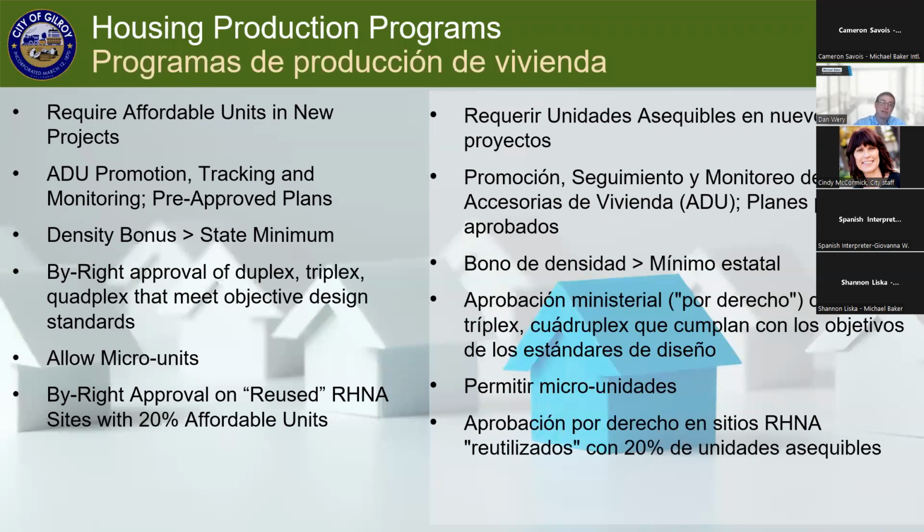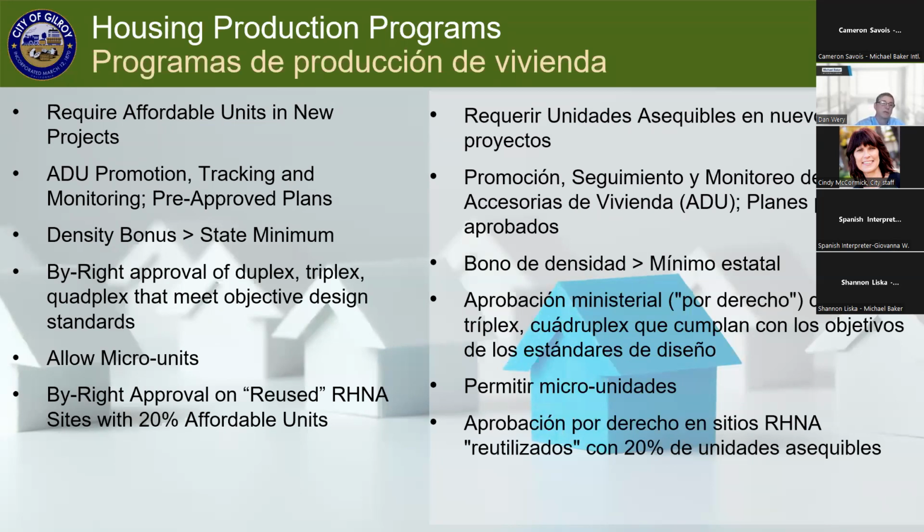ADU promotion and monitoring. ADUs are a good way to get units distributed in all types of housing, but particularly in the lower density, higher resource, higher opportunity areas that were being questioned here. The production levels in Gilroy for ADUs have not been that great, but a lot of communities have been doing really well with that.